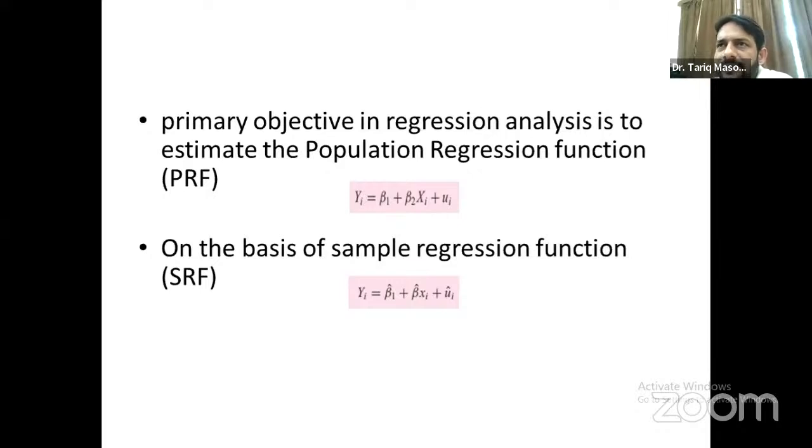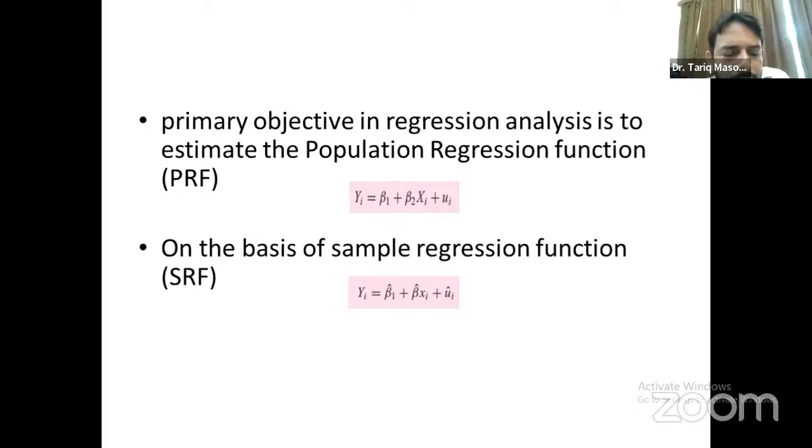Our purpose in statistical analysis is always to estimate the parameter on the basis of a given restricted sample. The only thing that we have is a particular sample, and we are concerned with the population. So we estimate the parameter on the basis of the sample, and then we generalize that parameter for the population.